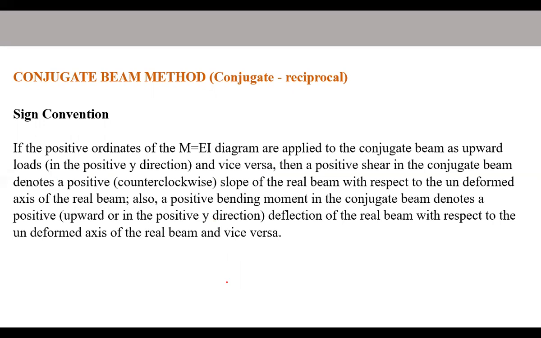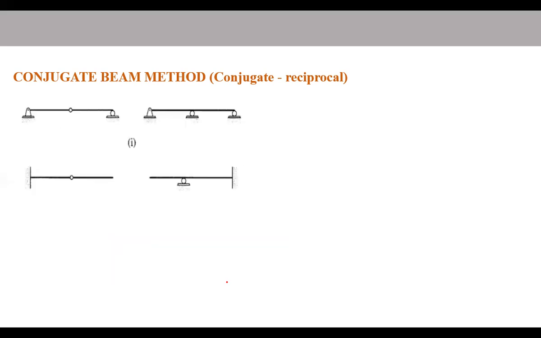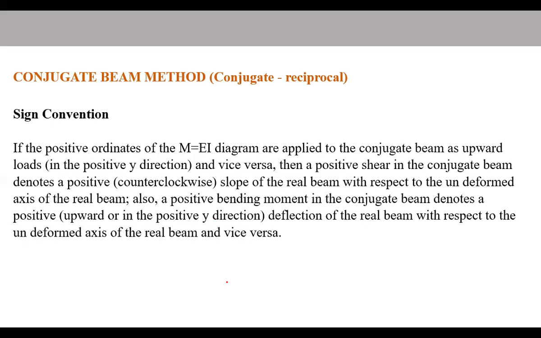The sign convention. If the positive ordinates of the M over EI diagram are applied on the conjugate beam, they are applied as a load upward, upward loads in the positive y direction and vice versa.